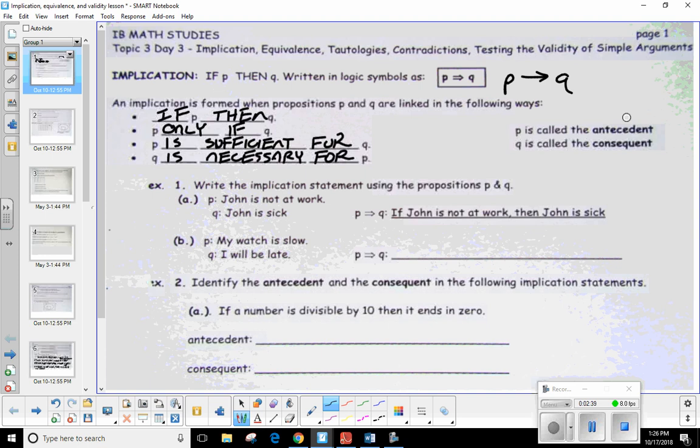P, the one that implies, is the antecedent. Q is the consequent.